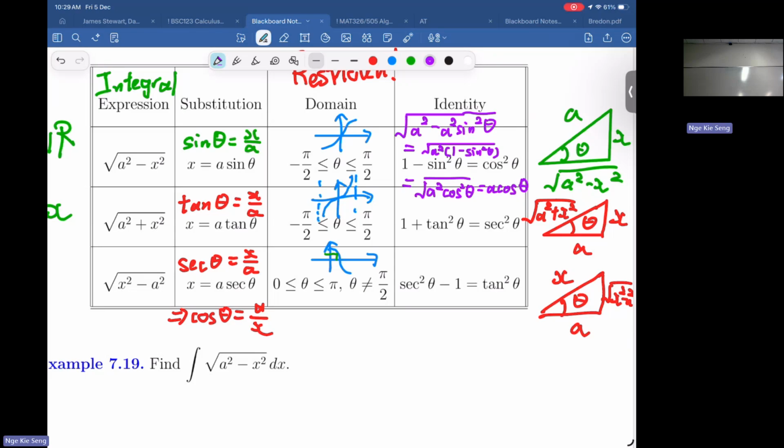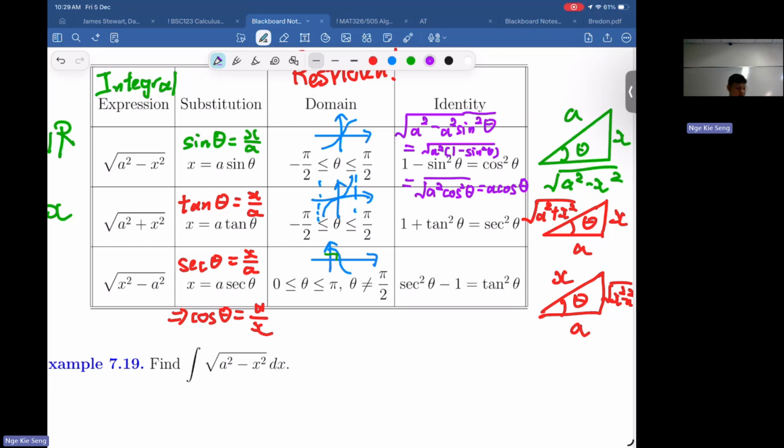Can you look at this column of expressions here and straight away deduce this triangle? Can you find it, from this column to the last column here? Can you think of a way? Maybe you should think about the Pythagoras theorem.